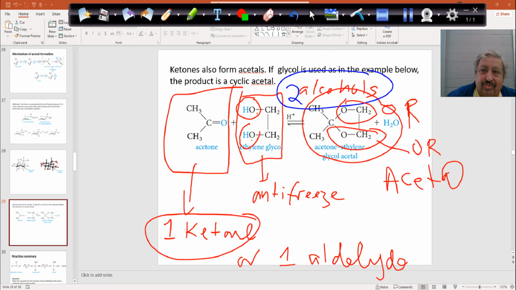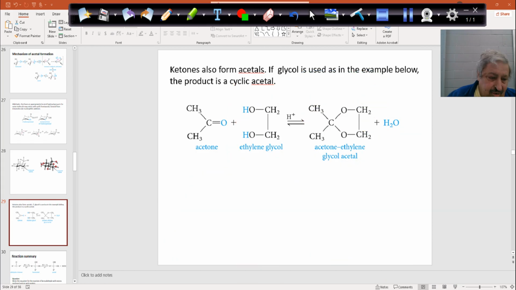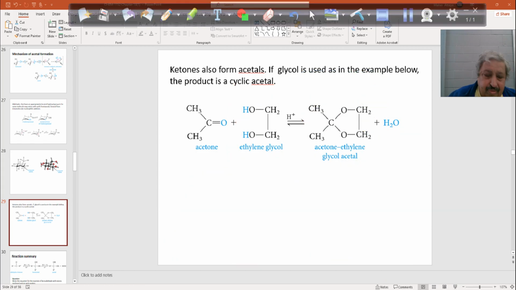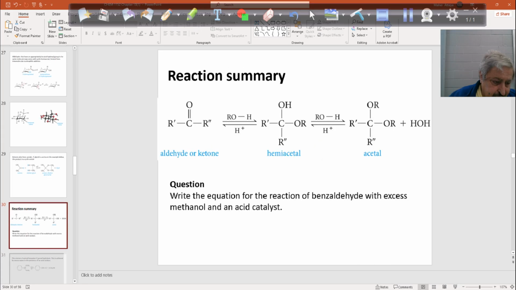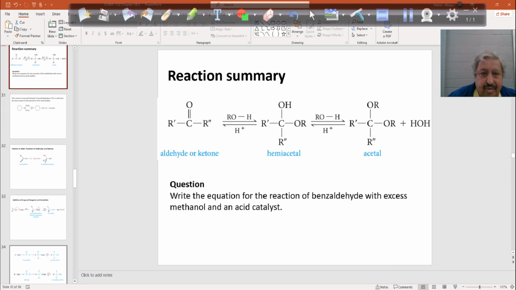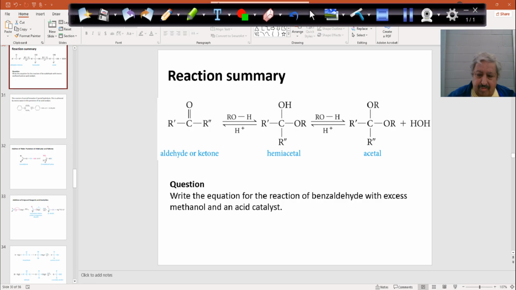You have to recognize it as an acetal. Reaction summary: this is about the one alcohol first. You get the hemiacetal, then you add the second one, and you get the acetal. Okay, so here it says benzaldehyde. You tell me, benzaldehyde looks like this.